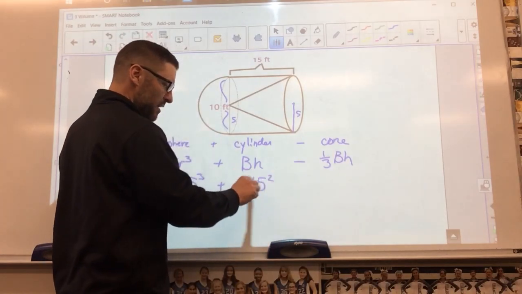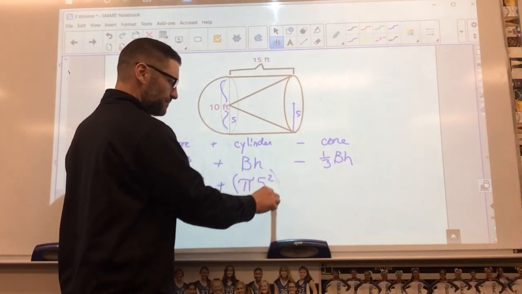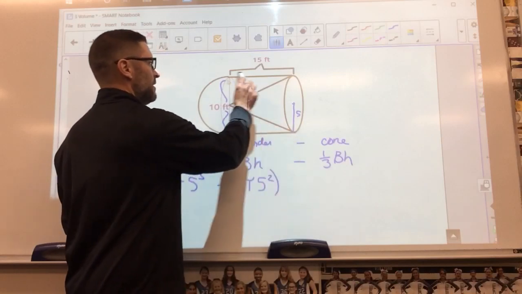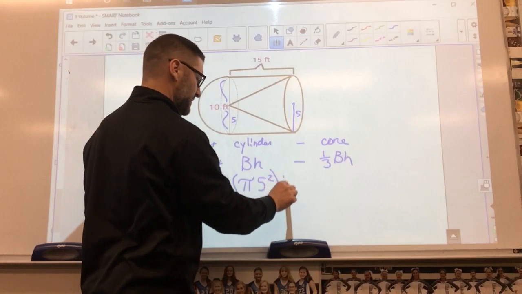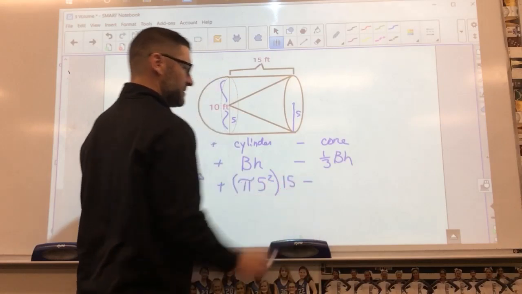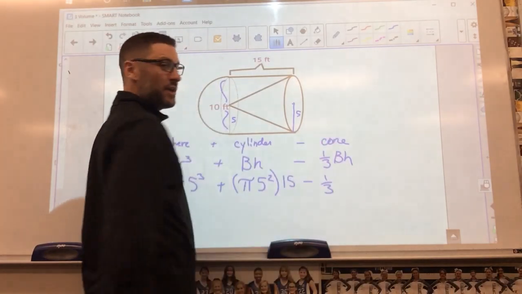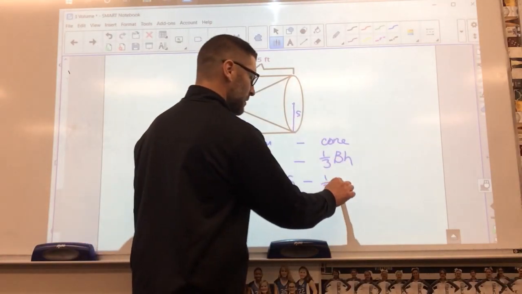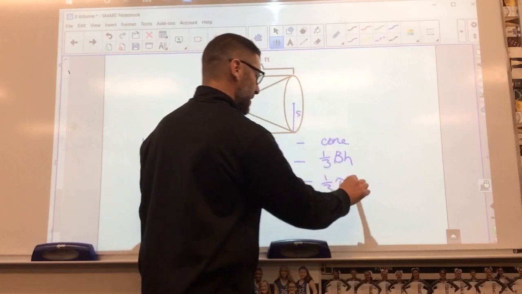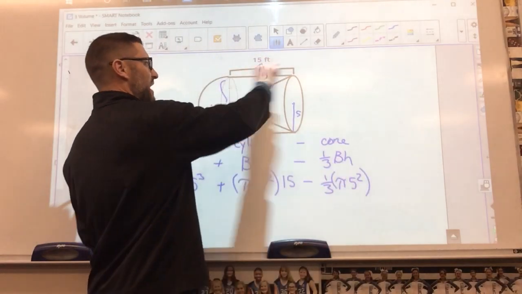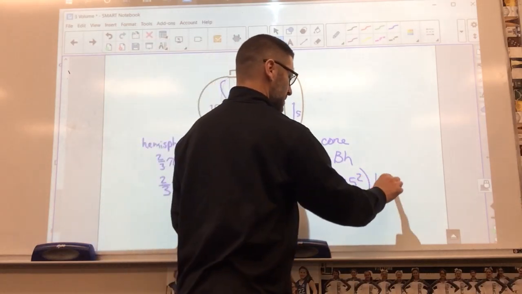That's big B, pi r squared, times the height of that cylinder. That height would be right there. The height of that cylinder is 15, minus 1/3 big B for the cone, the area of the base of the cone. Again, that's pi r squared, so pi 5 squared. And then I'm going to multiply by the height of the cone, which again is 15.